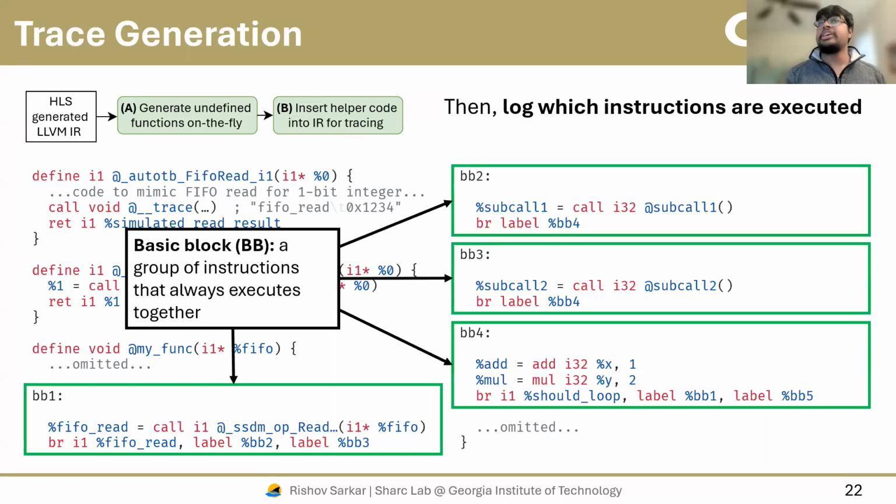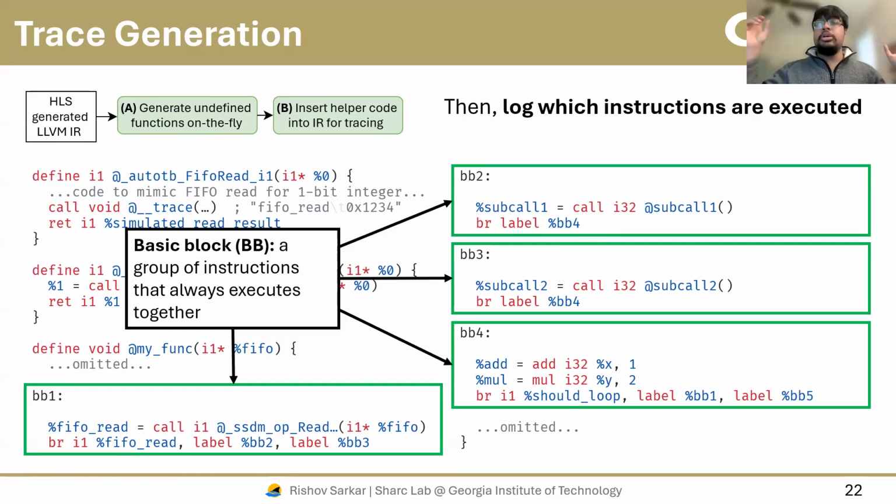So instead, we're going to do the next best thing and look at basic blocks. LLVM IR is organized into basic blocks, which are groups of instructions that always execute together. They have no branches in the middle of them. They might end with a branch, but within each basic block, execution goes line by line.